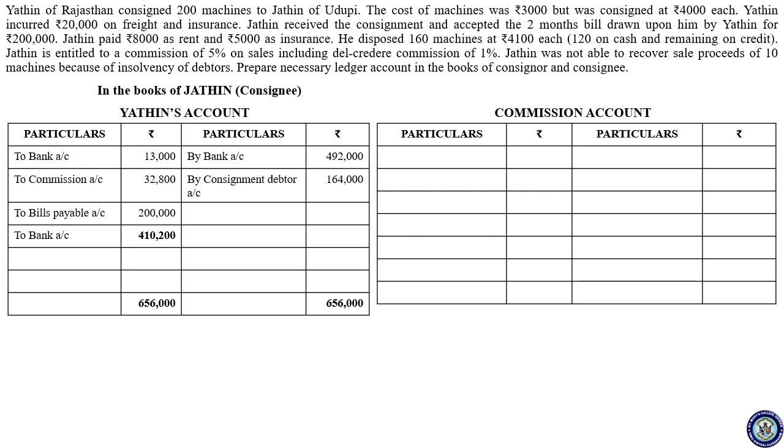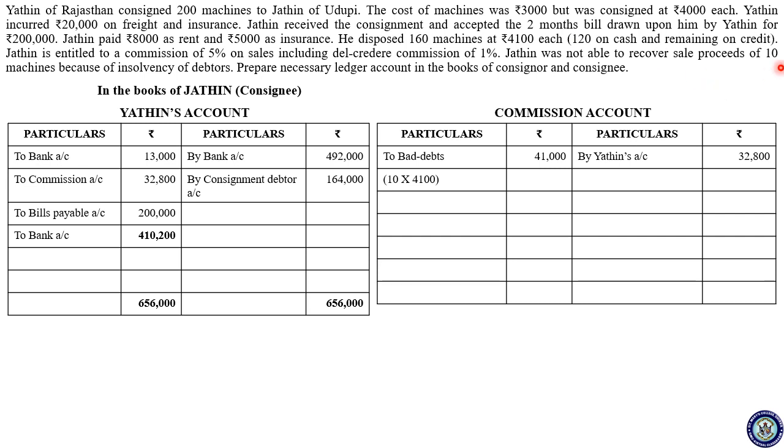Now commission account. So commission here in consignor's account it is to commission. In commission account it is by consignor. So here there is a del credere commission. So consignee has to bear the bad debt. So it is to bad debts, 10 units into 4,100.